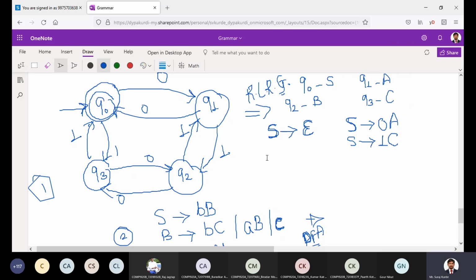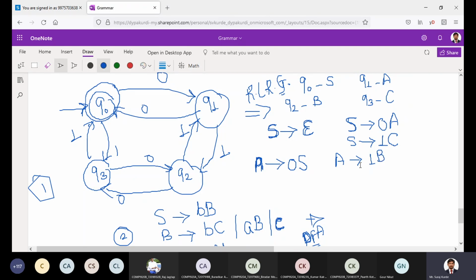Then Q1, renamed as A. From Q1 the outgoing transitions: Q naught is reachable on input 0, and from A, on input 1 the transition is to state Q2.